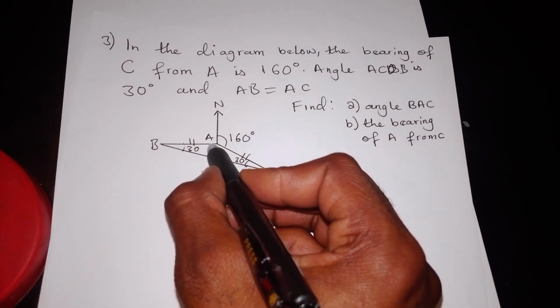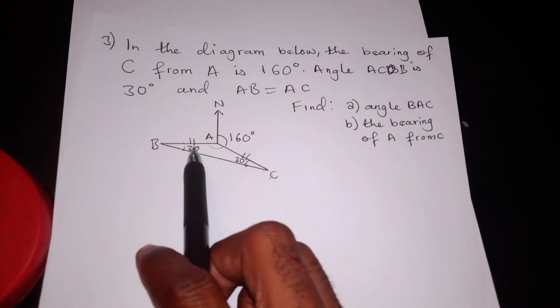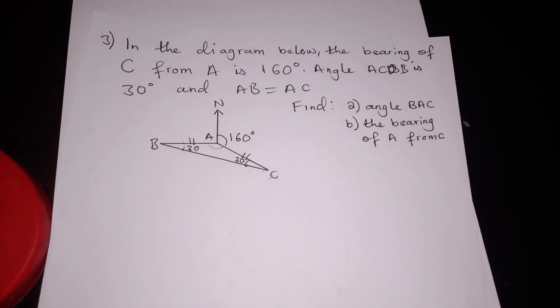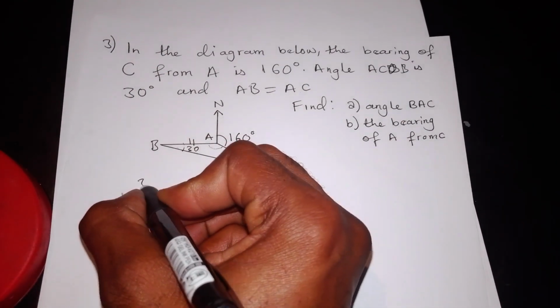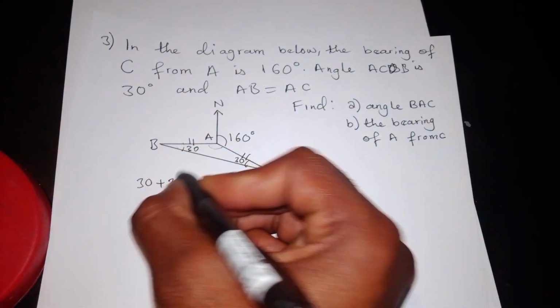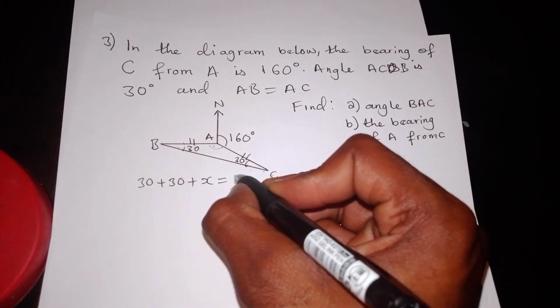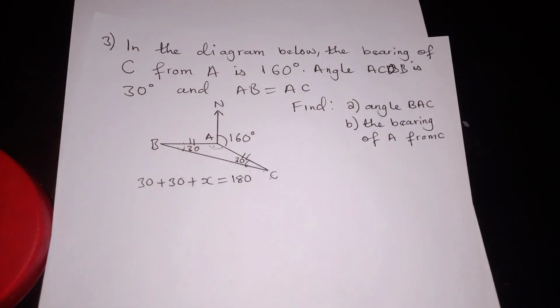Now to find this angle, you know that the sum of interior angles in a triangle is always 180 degrees. So you can say 30 plus 30 plus, let's call this one x, is 180 degrees.